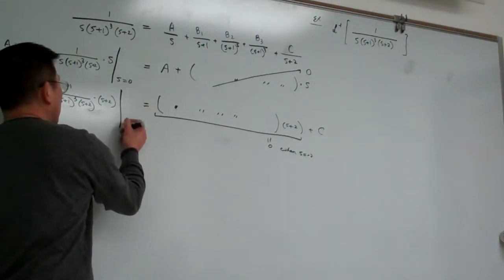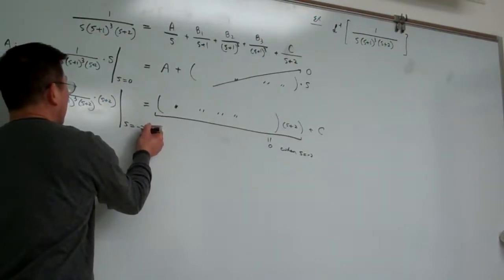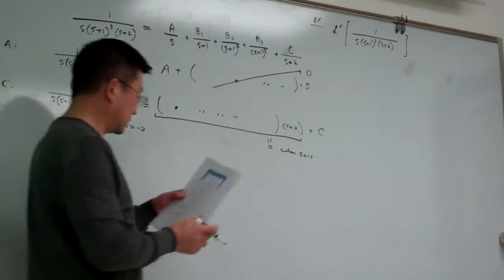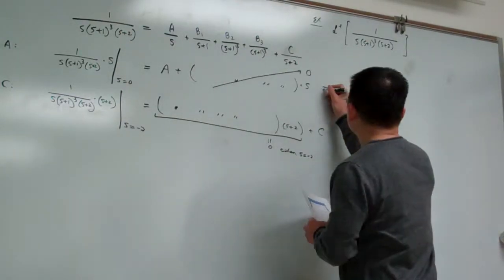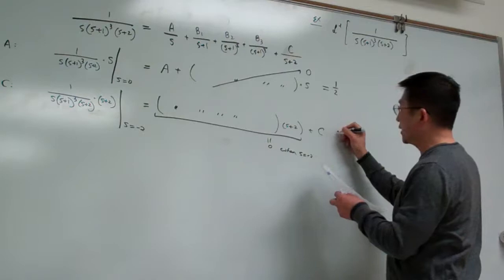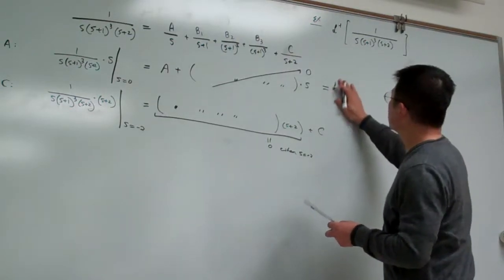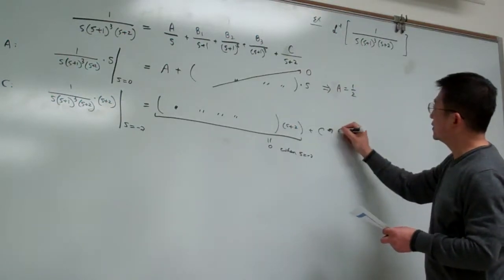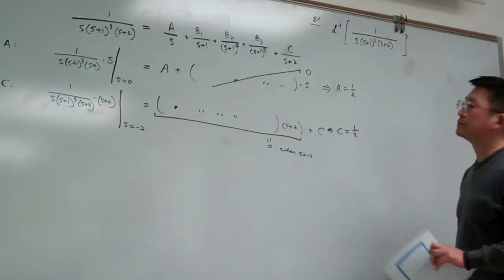So basically C can be determined by this. The value of this one will give C. So from here, A equals 1/2, and so C equals 1/2.